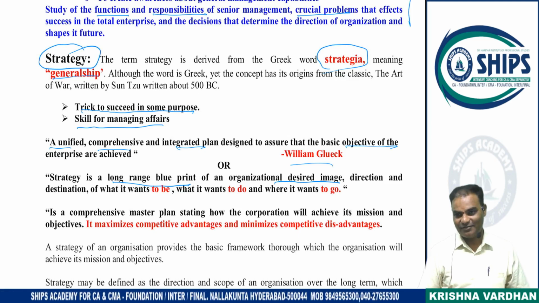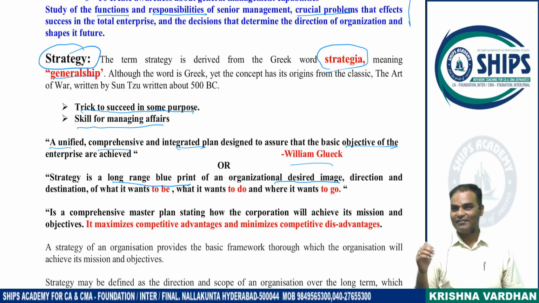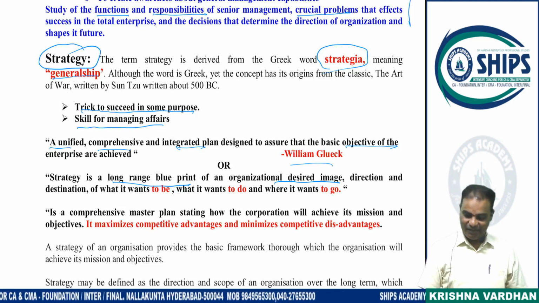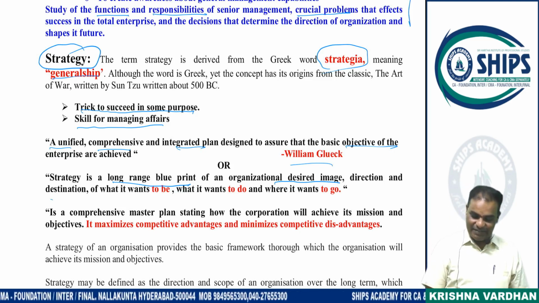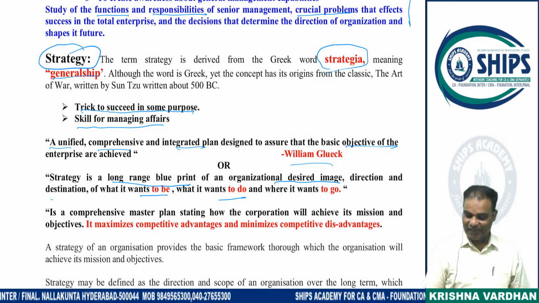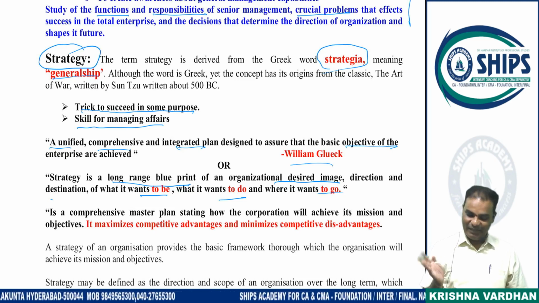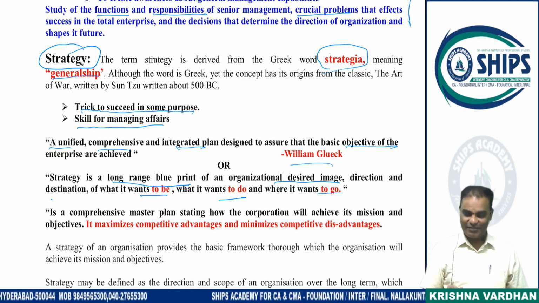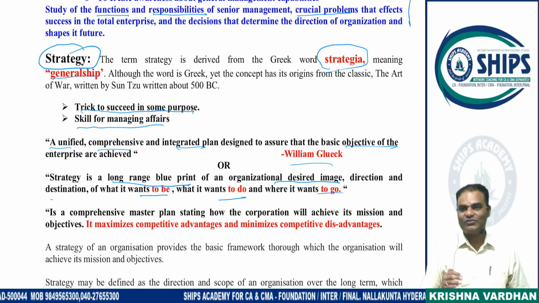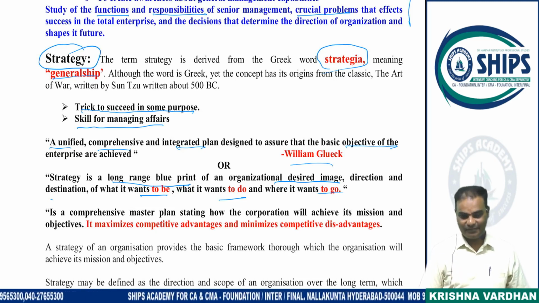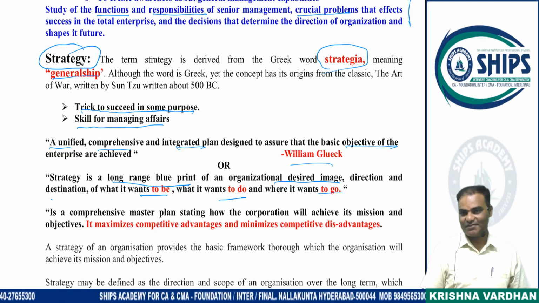Organizational desired image. Desired is what? Imagination of what you want your company to be. Directions and destinations of what it wants to be, what it wants to do, and where it wants to go. And simply you can say strategy is a master plan which will tell your company to achieve its mission and objectives.